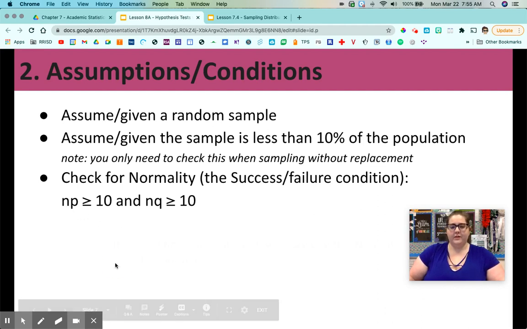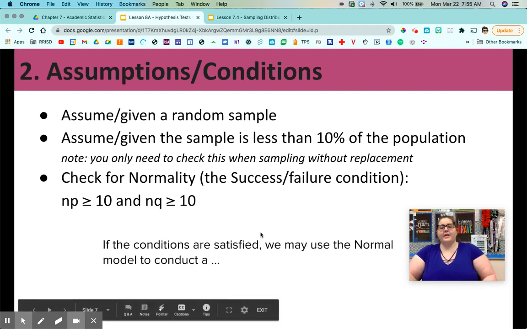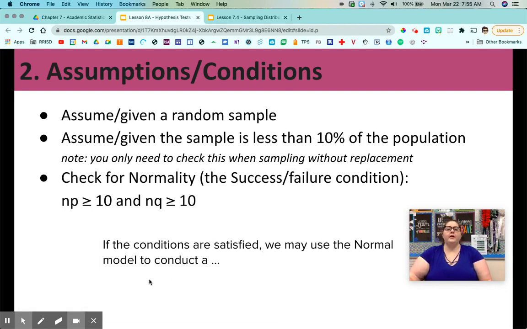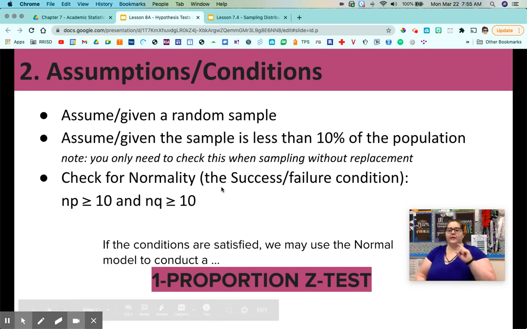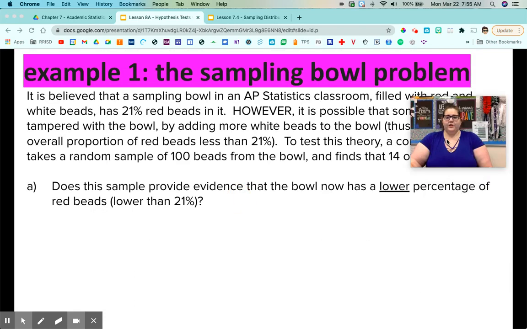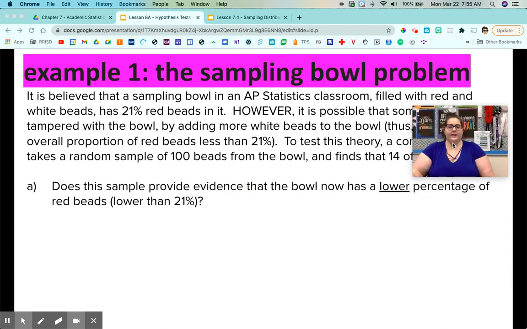So just a little side note. So if the conditions are satisfied, we can use the normal model to conduct what we call a one proportion z-test, meaning that we're dealing with one proportion from one sample, and we're going to use a z-score to run a hypothesis test. Let's go back to our example and do our conditions assumptions.